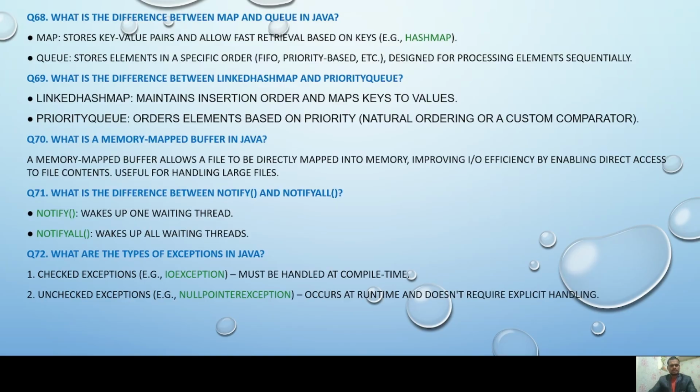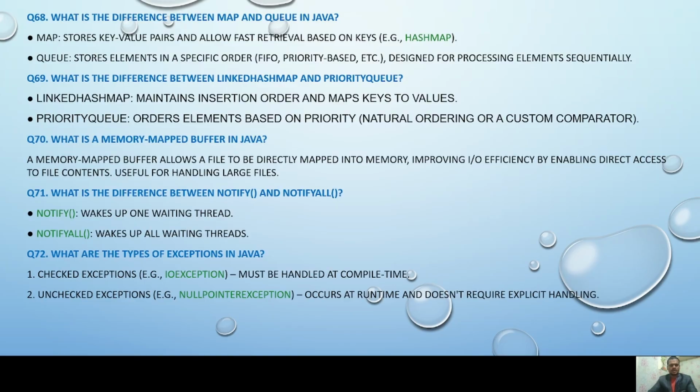Next question. What is the difference between LinkedHashMap and PriorityQueue? LinkedHashMap maintains insertion order and maps keys to values. PriorityQueue orders elements based on priority, natural ordering, or a custom comparator.